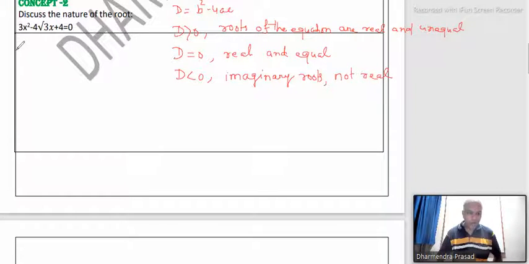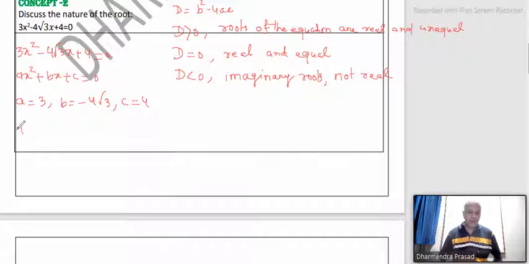Here the question is 3x square minus 4 root 3 x plus 4 is equal to 0. Comparing this equation with the general form ax square plus bx plus c is equal to 0, we get a is equal to 3, b is equal to minus 4 root 3 and c is equal to 4.